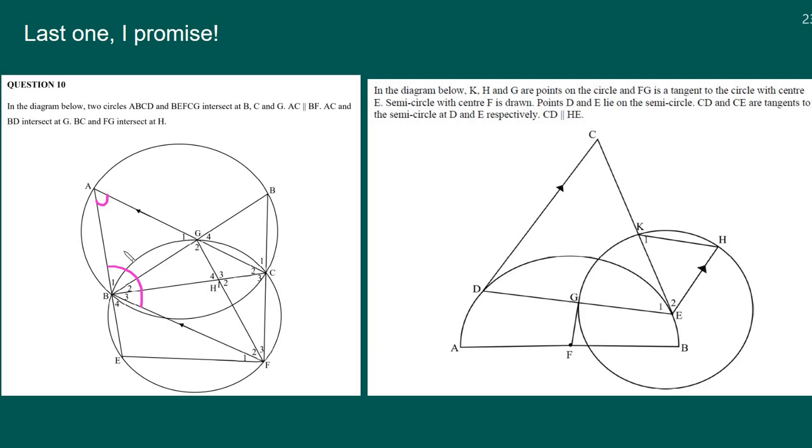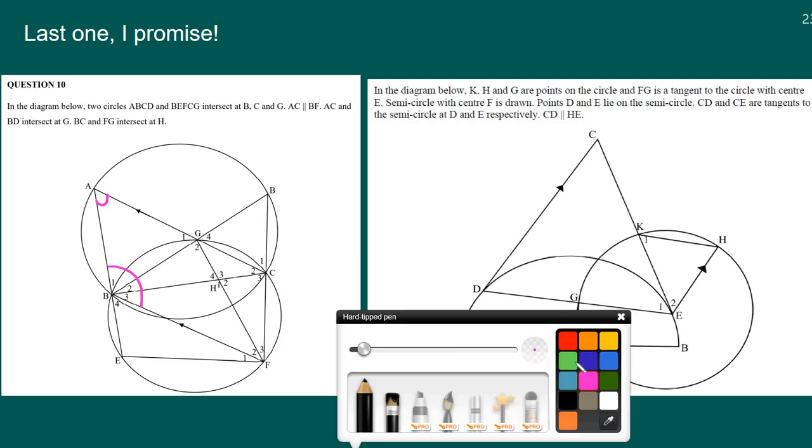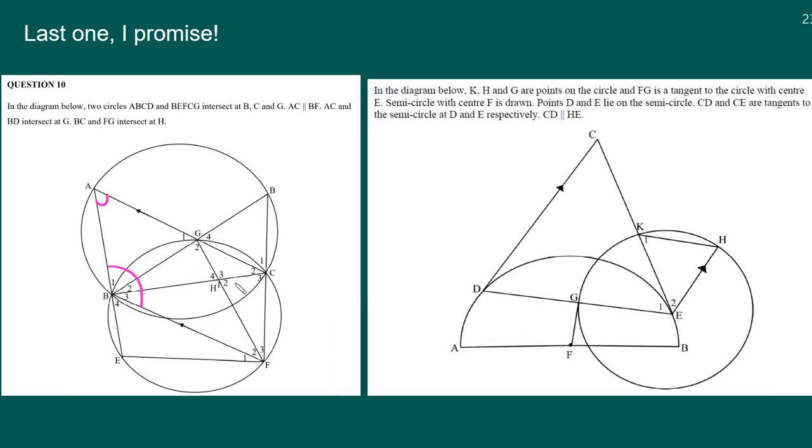Another one. Angle ACB. Oh, here they made a mistake. It's actually a D there. Okay, ACB, which is this one. Yes, ACB is equal to CBF.